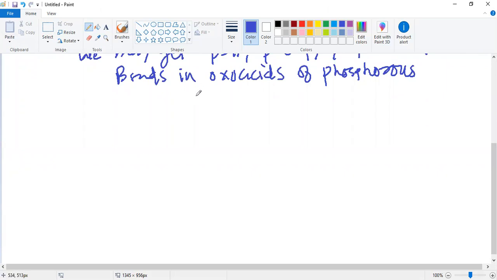Let's move to the next feature of our oxoacids of phosphorus.